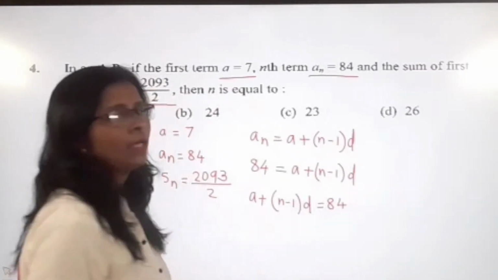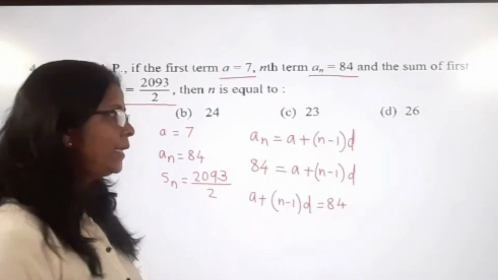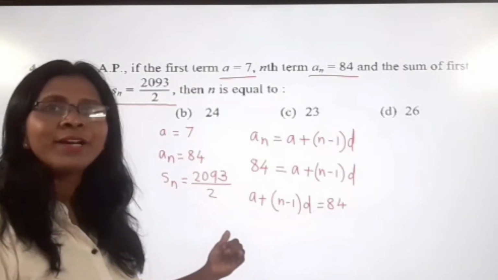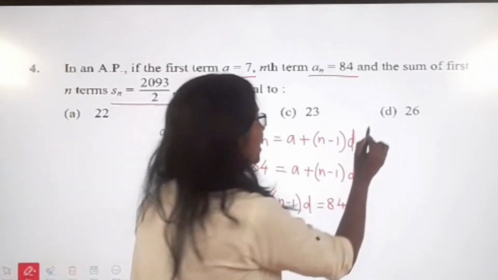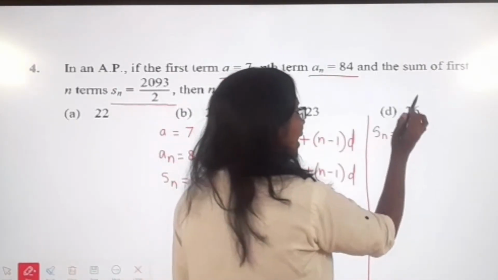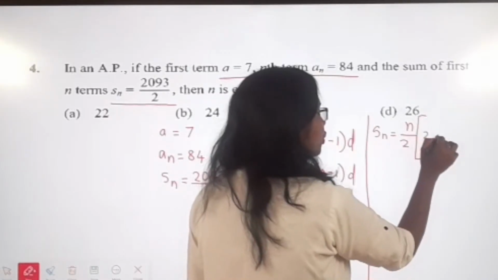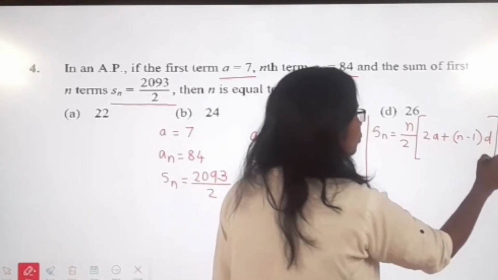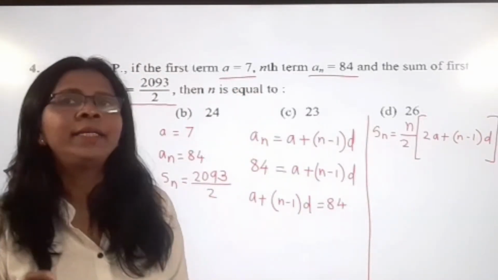I get this value of a plus n minus 1 d. Then I can also use the formula for Sn, because the value of Sn is given. Sn is equal to n upon 2 in the bracket 2a plus n minus 1 d. So this is the formula for Sn, the sum of the n terms.